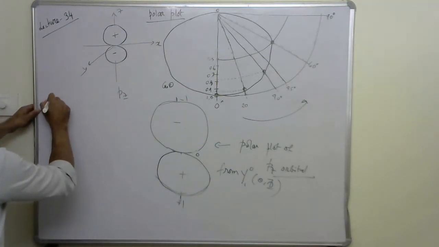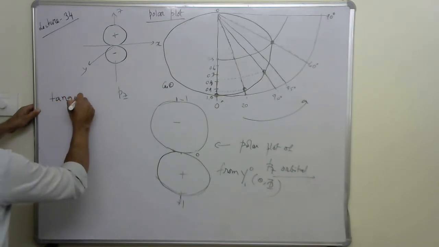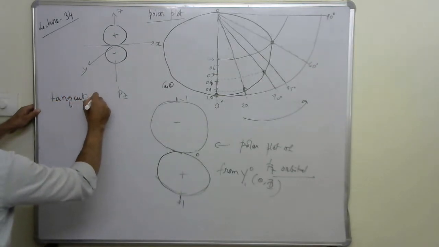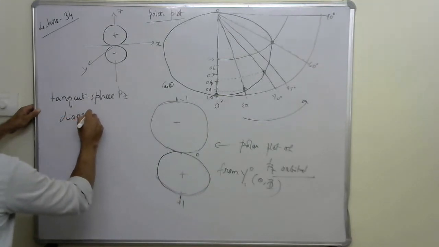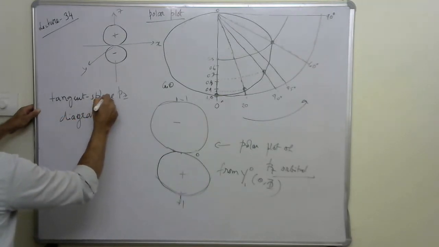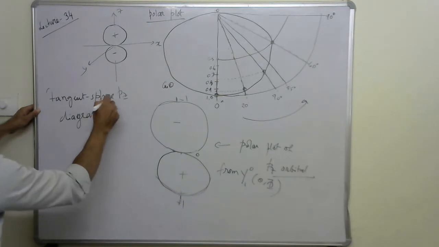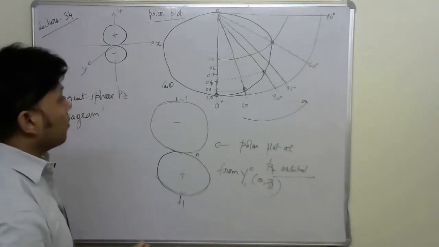This is also called the tangent sphere diagram, or the tangent sphere representation of the pz orbital.